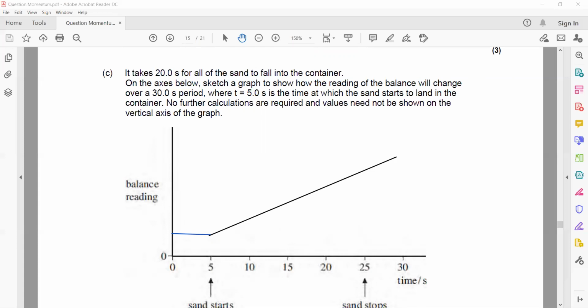So why is there no change in the mass? Because already... this is question 21C I'm discussing now.